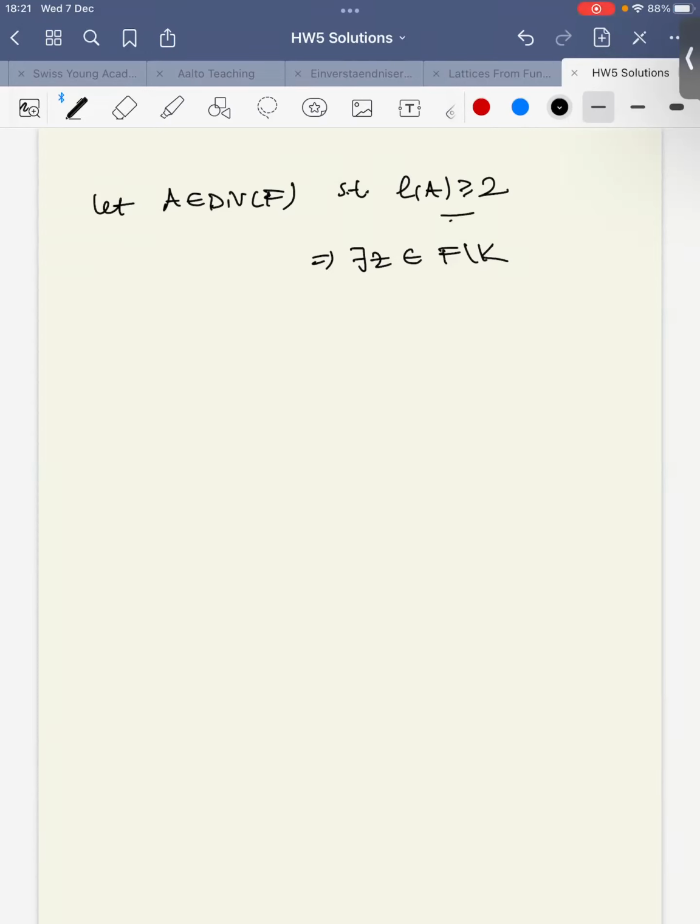But if it has dimension at least 2, we know that it should contain at least one transcendental. So this is why we can consider such a transcendental Z in the Riemann-Roch space of A. And by the definition of the Riemann-Roch space, we know that its zero divisor minus pole divisor plus A should be positive.